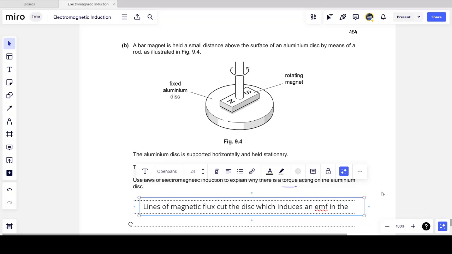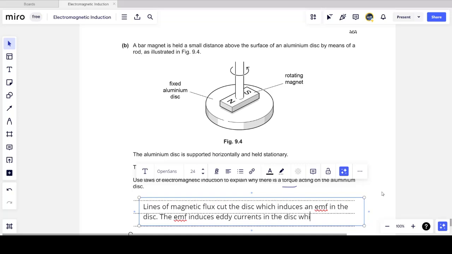So it is not magnetic, but it is a conductor. So an EMF will be induced in the disk, which causes eddy currents. So the EMF in turn induces eddy currents in the disk.